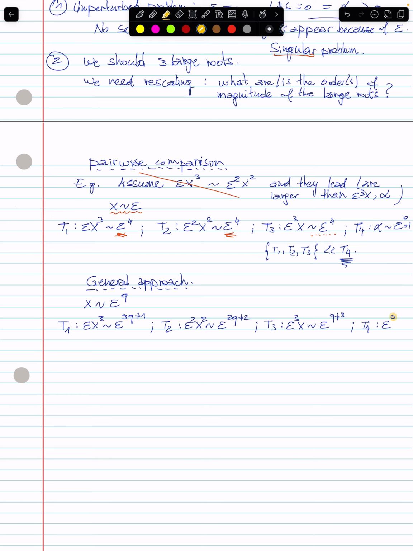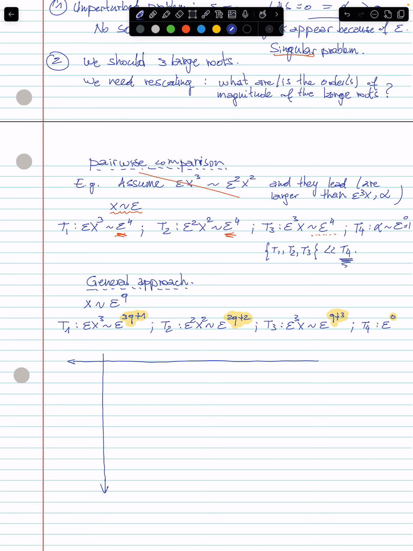Let me denote by the exponent here the values that we give to T1, T2, T3, T4. So we have 4 different values. What we do next is that we plot these 4 values as a function of q. I'll try to do this as precisely as I can.